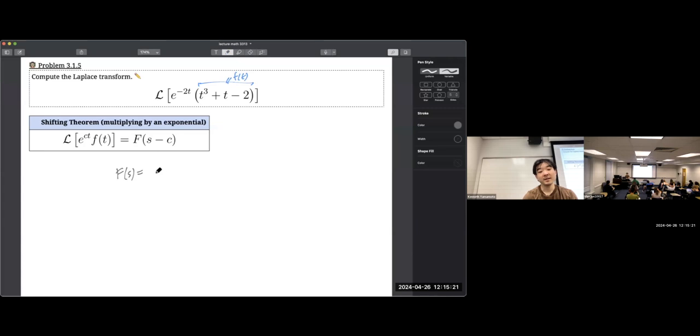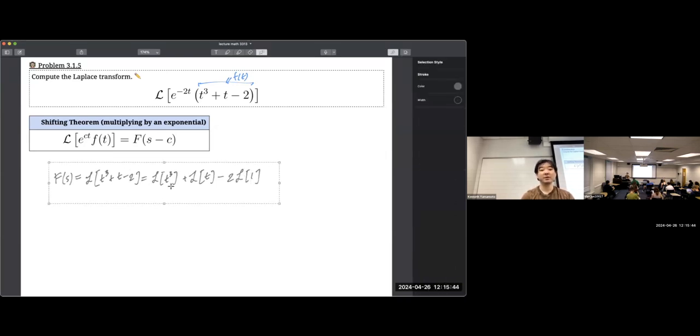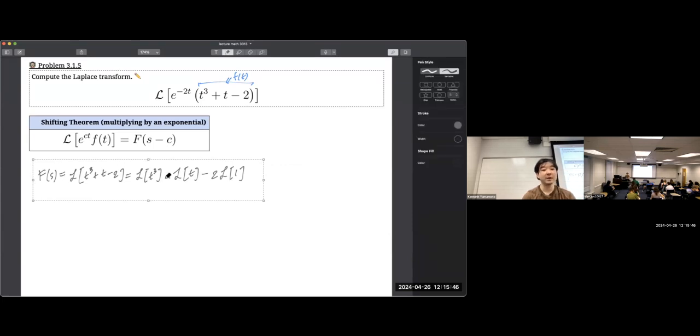And so this is like saying take the Laplace transform of t cubed plus t minus 2, but that's the same as if you took the Laplace transform of t cubed plus the Laplace transform of t, minus 2 times the Laplace transform of 1. These Laplace transforms are all integrals, so you can pull the constants out. So the Laplace transform of 2 is the same as 2 times the Laplace transform of 1. Just keep that in mind.